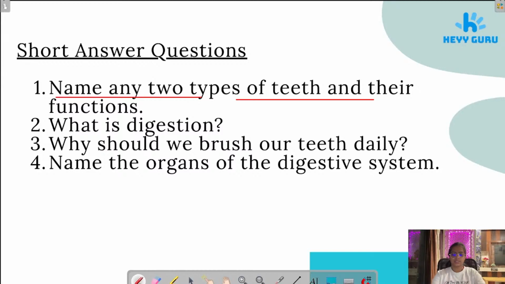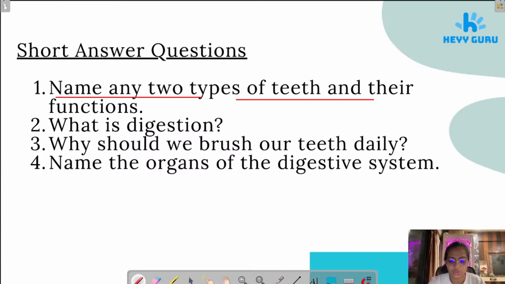Incisors. Yes, incisors, canines, premolars, molars is the correct answer.